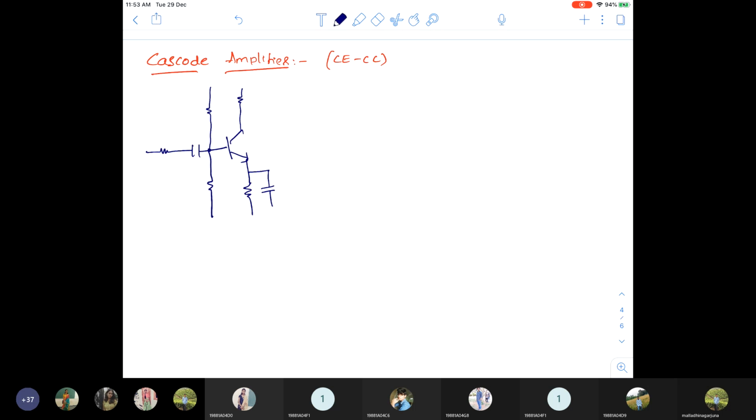Here I'm solving CE with CC. After this, we try CE with CB. This is also cascade, so you try CE with CB by taking this combination.